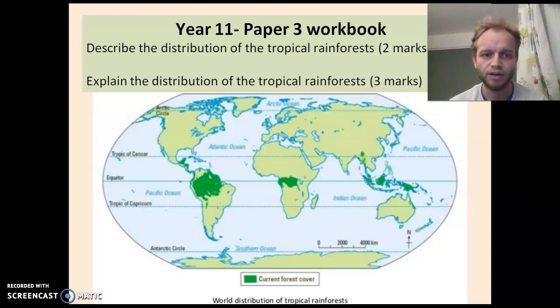So mentioning lines of latitude like the tropics, the equator obviously is important. Might mention a few countries and continents that they're in, because obviously the rainforest goes across a variety of different locations, not just in Brazil. So in your workbook, describe the distribution of the tropical rainforest. So answering your first question.